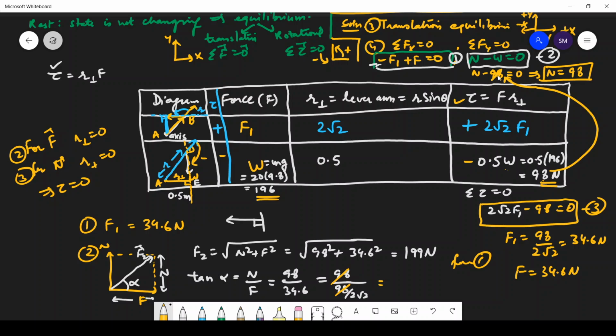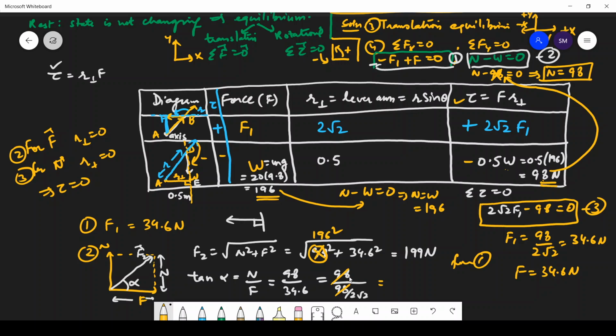So again, students, N minus W is equal to 0. W is 196 we have calculated, and N is equal to W. So N is equal to W is equal to 196. So here also instead of 98 there will be 196 square.